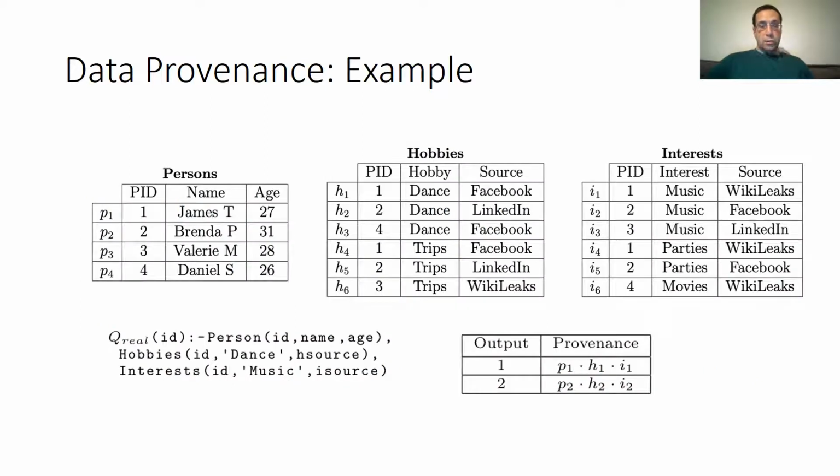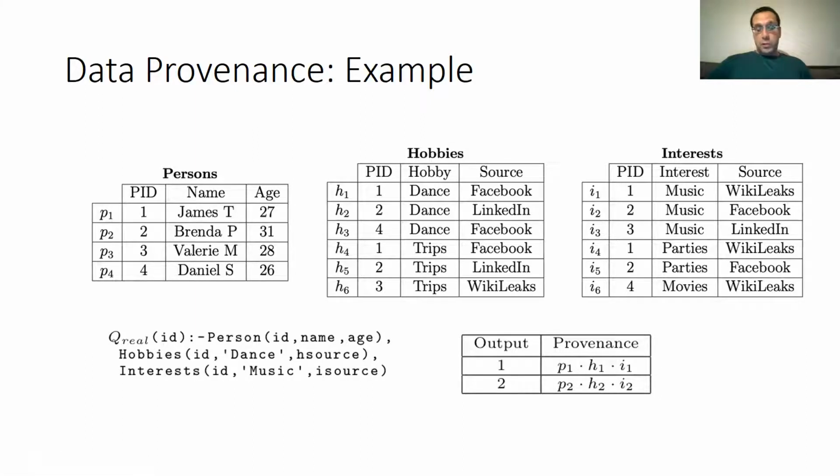Let's illustrate the concept of provenance via a simple example. So consider this query that looks for people who like dancing and are interested in music. This query, when evaluated over this simple database, yields two query results, the output 1 and 2. These are the identifiers of the relevant people.